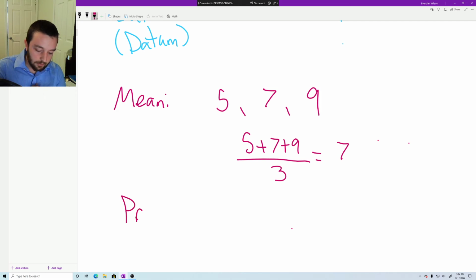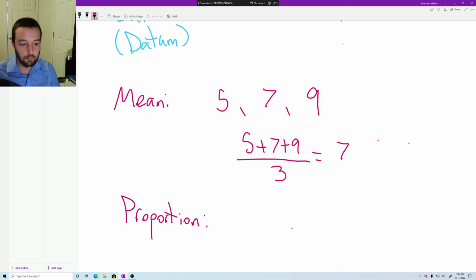Proportion, though, this one you should know how to calculate during this part of the class. Proportion. What do we mean by proportion? Well, we mean how many of something do we have in relation to how many there are.